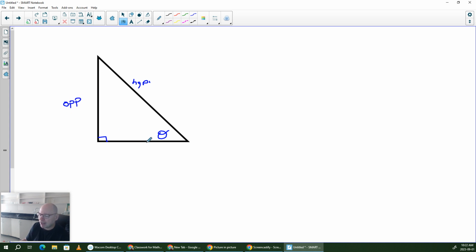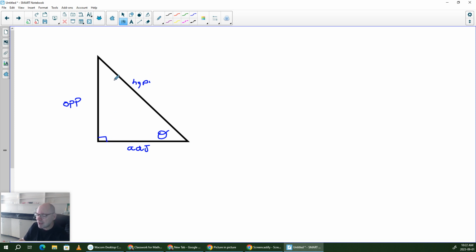And the one that includes the leg that's part of the angle that you're working with, not including the hypotenuse, is the adjacent side. So the adjacent side touches the angle. The opposite side does not touch the angle. It opens to the angle, and the hypotenuse is across the triangle from the right angle.